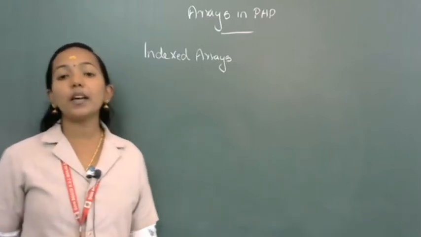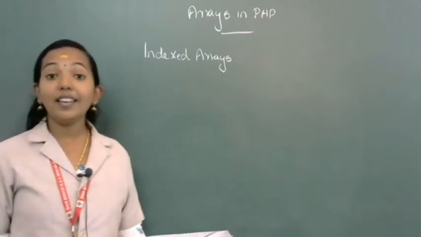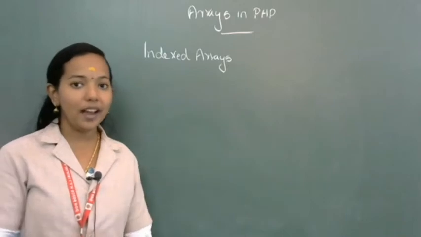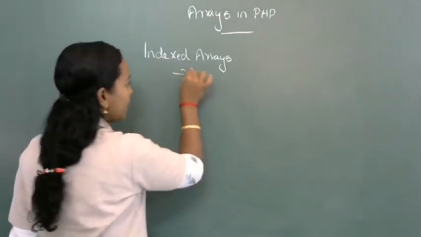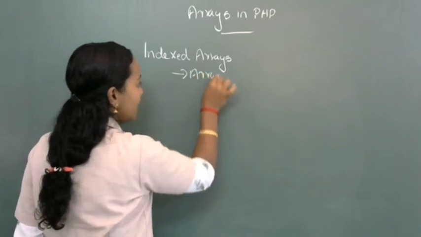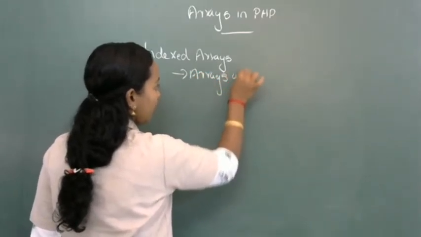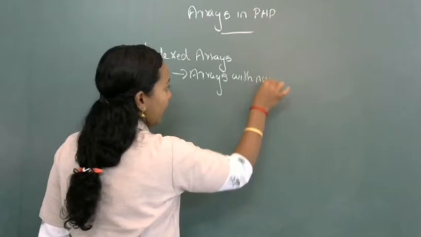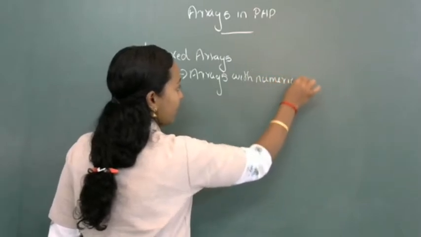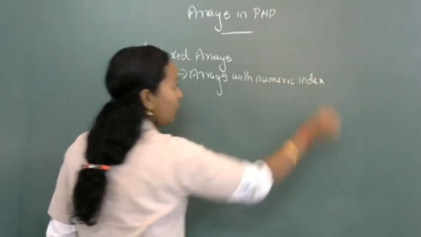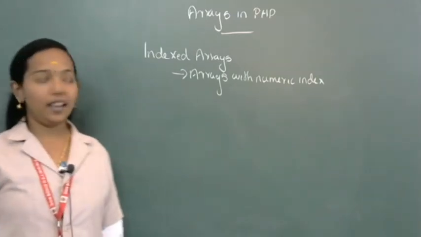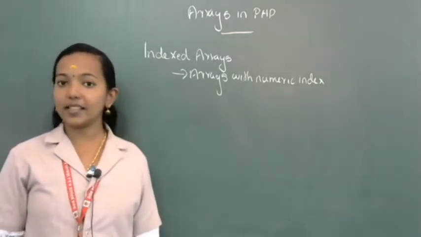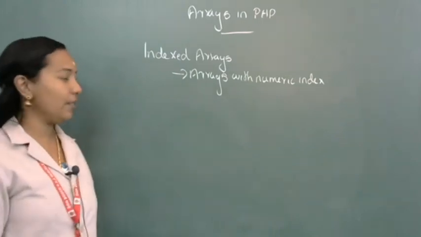What is the definition? Arrays with a numeric index are known as indexed arrays.